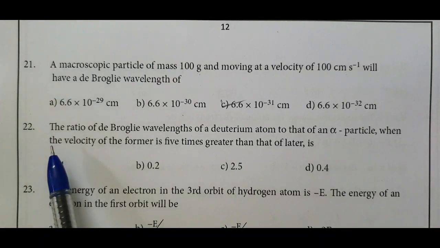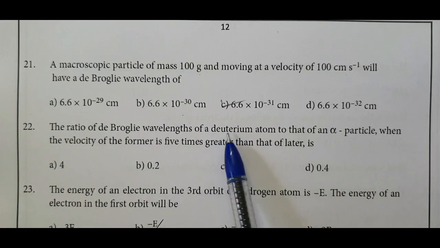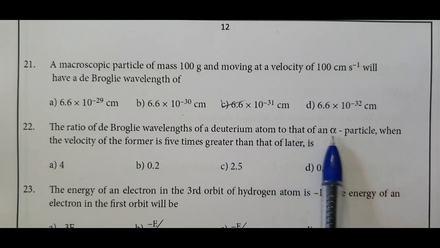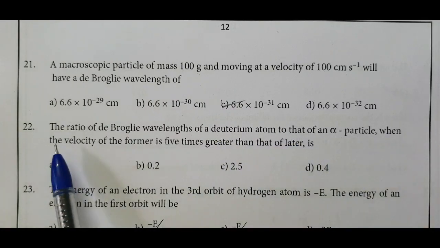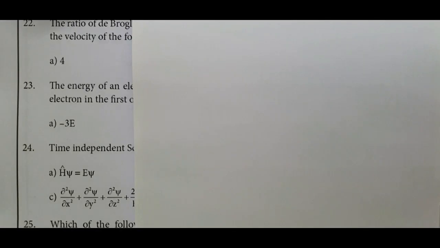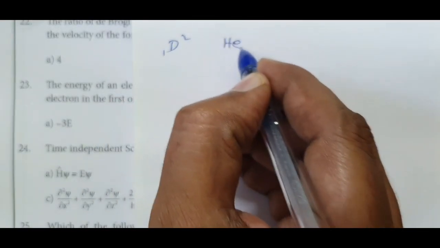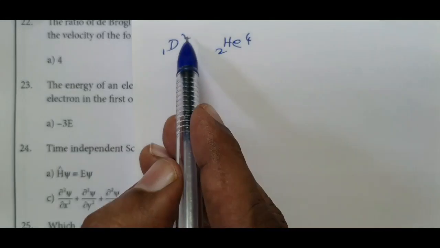Come to question number 22. The ratio of de Broglie wavelength of deuterium atom to that of alpha particle, nothing but helium nucleus, when the velocity of the former is 5 times greater than that of the latter is. Deuterium D12 and alpha particle nothing but helium nucleus. See the mass number.